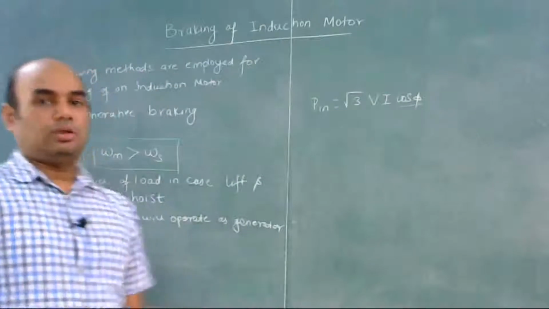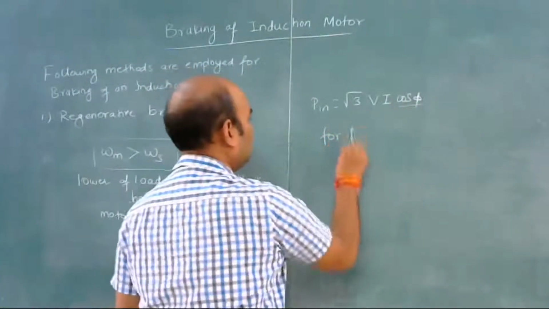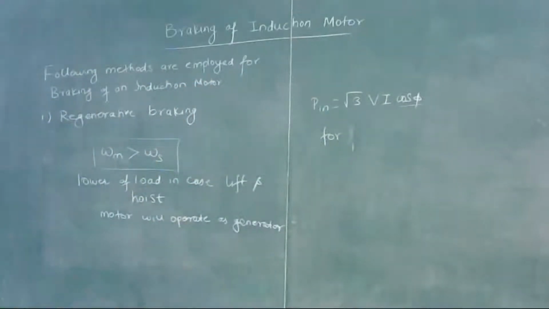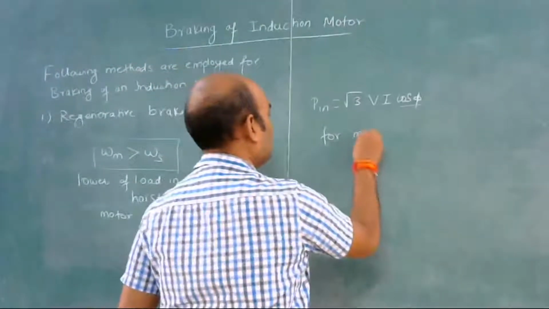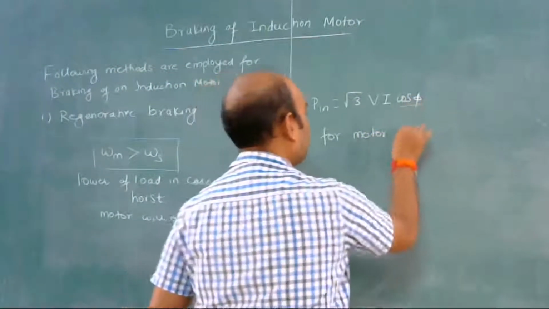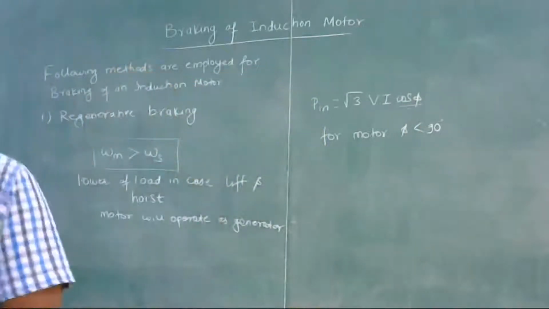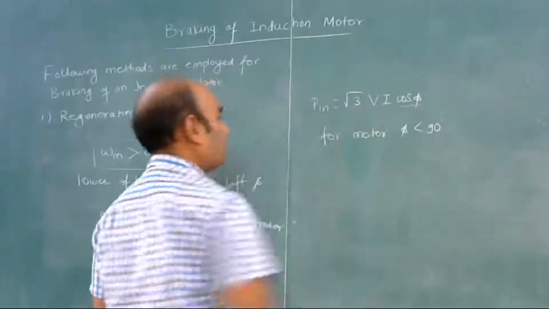For motoring, phi is less than 90 degrees, so cos phi is positive and we get positive power.